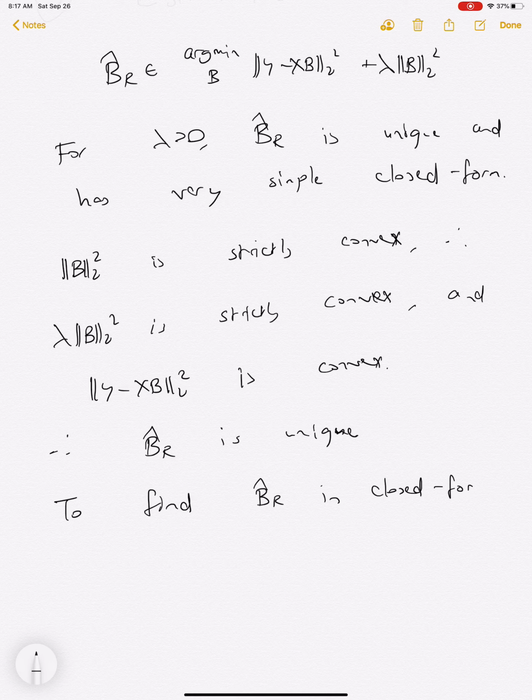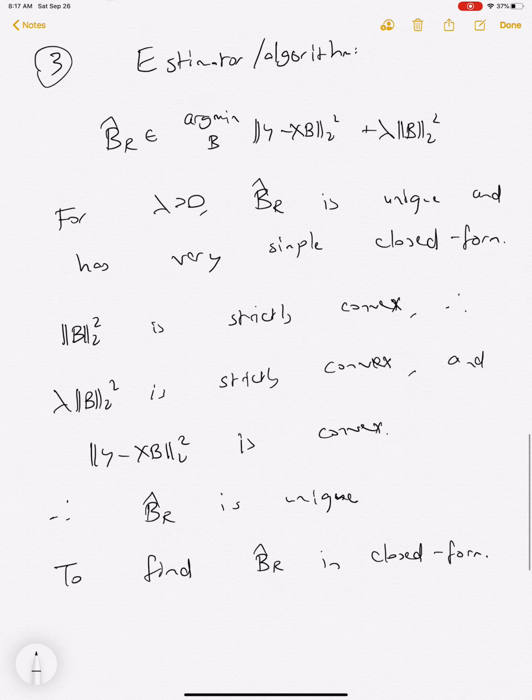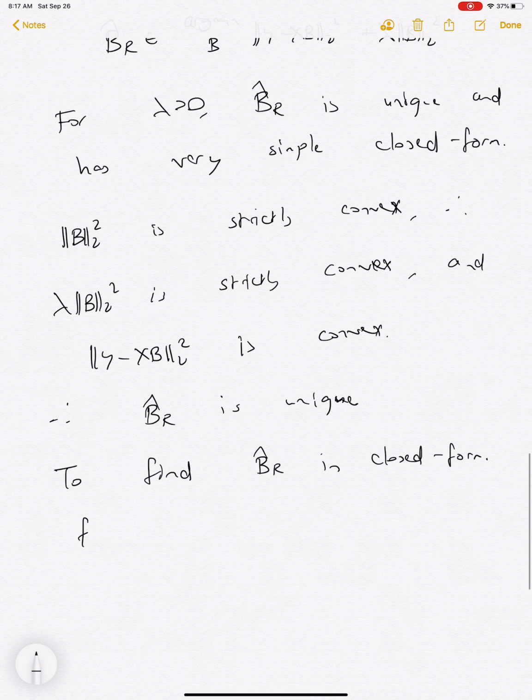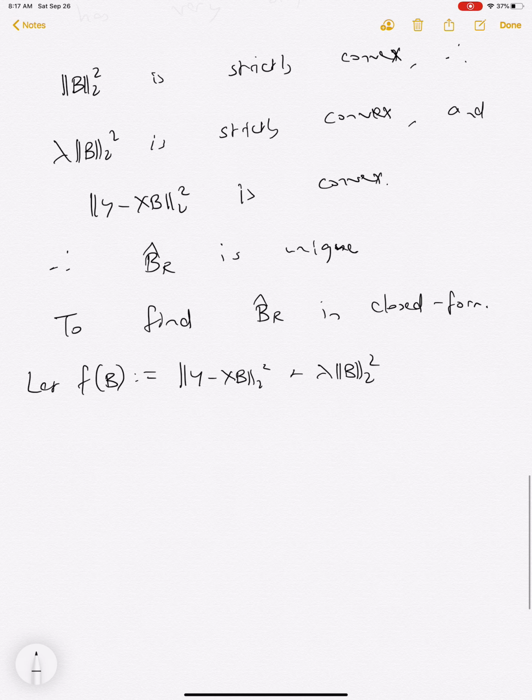So to find b hat R in closed form, we simply differentiate and set to zero. If we let f of b be our objective function that we're looking to minimize, then we want to set the gradient equal to zero.